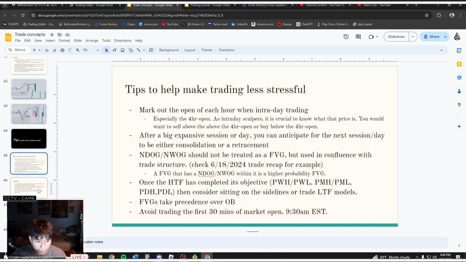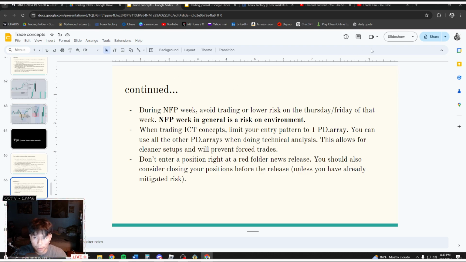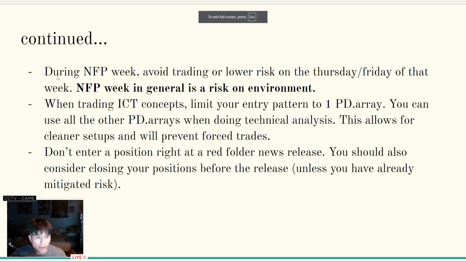And yeah, here's another time that you should avoid trading: during NFP week. Avoid trading or just lower your risk on the Thursday and Friday of that week. ICT states this, that NFP week is a week that he actually lowers his risk or just avoids trading in general, because it's a lower probability environment.